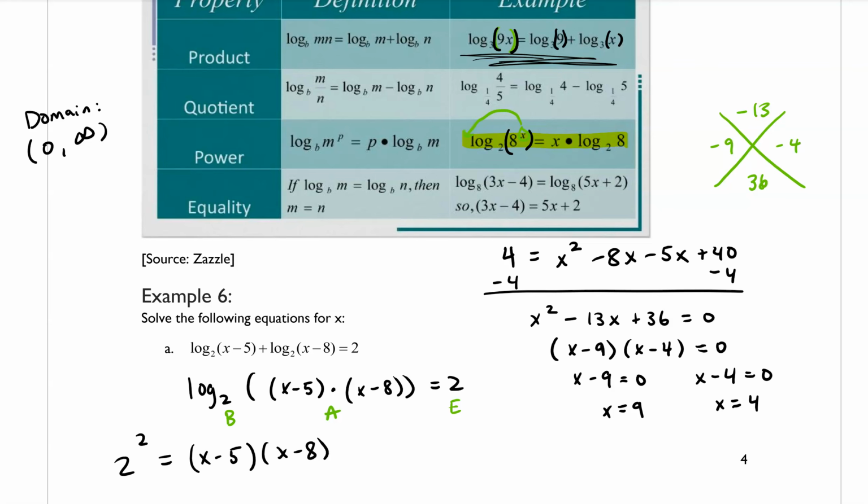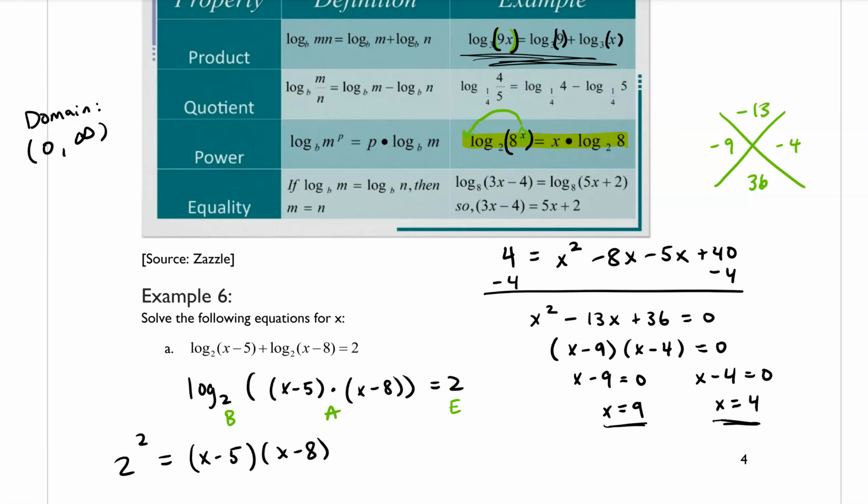So what that means is the x values that we get, we have to plug them back into our original equation to make sure that we don't get negative values. So if I plugged in 9 into my original equation, then we would get log base 2 of 4 plus log base 2 of 1. Since both of those are positive, that's okay.